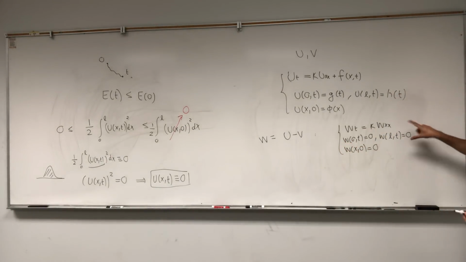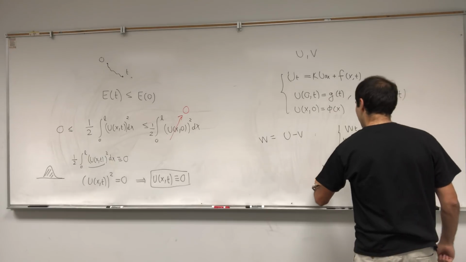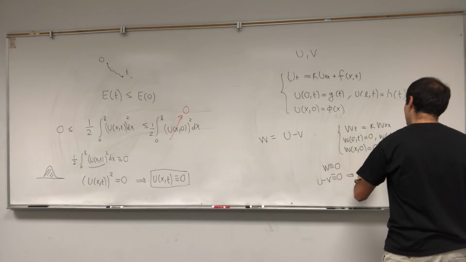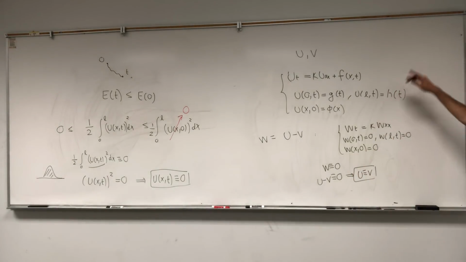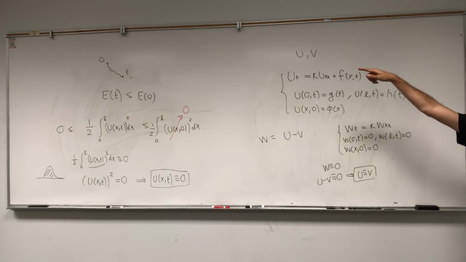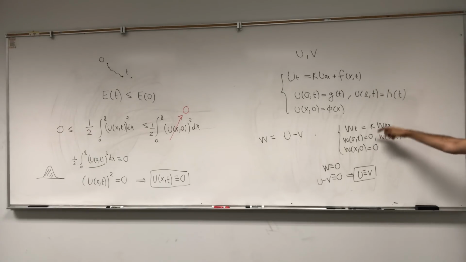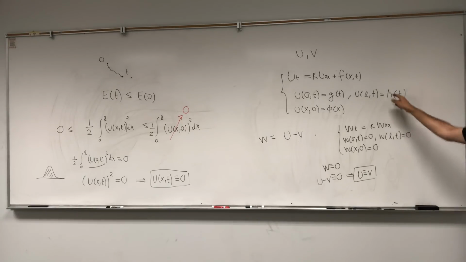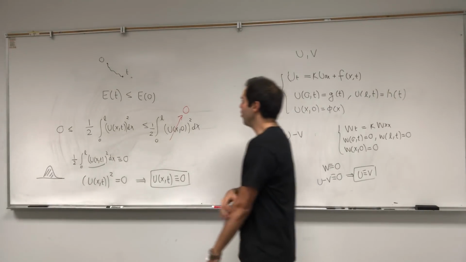Then, by what we've just shown, the only solution of this must be the 0 function. Therefore, u minus v must be the 0 function, so u equals v. So in other words, we can use this previous method to show that, in fact, there is just one solution of the heat equation with those boundary conditions, which, again, is very powerful.